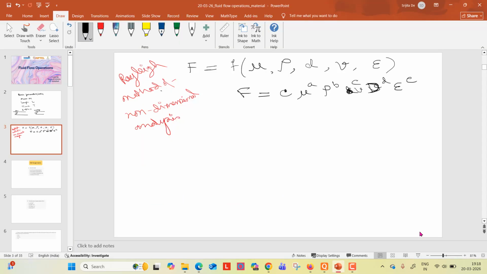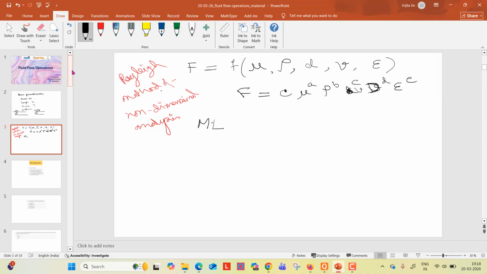So what is F? F is a force. If you remember Newton's law, force is mass into acceleration. Mass is M. Acceleration means meter per second square.